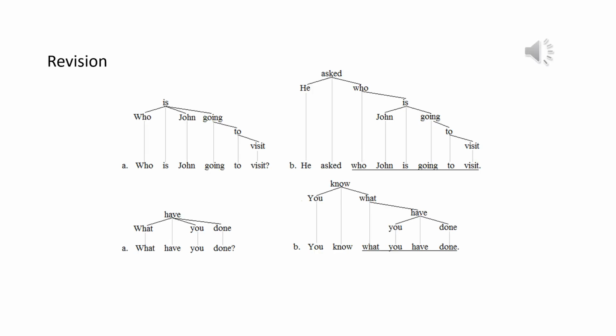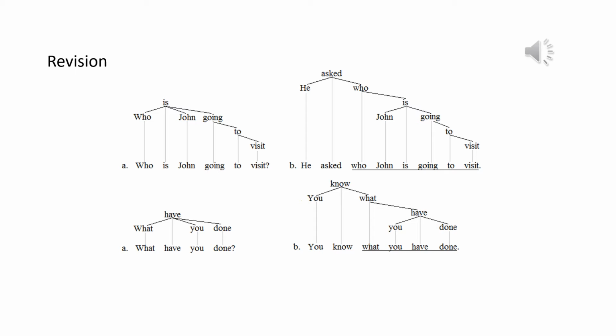Before we start with noun clauses that are introduced by if, whether, or that, let's have a quick revision of noun clauses that are introduced with WH words. Consider the following information questions in the following diagram. Who is John going to visit?